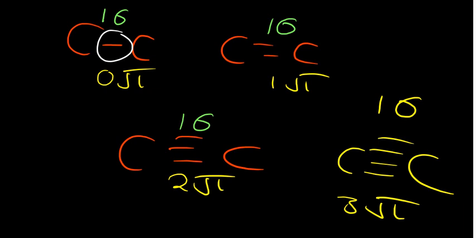The other thing that I talked about is the idea of identifying the type of carbon that you're talking about. A carbon that is connected to a single carbon and 3 hydrogen atoms is referred to as a primary carbon, denoted by 1 degree.